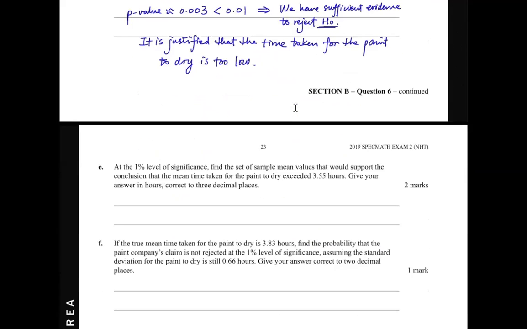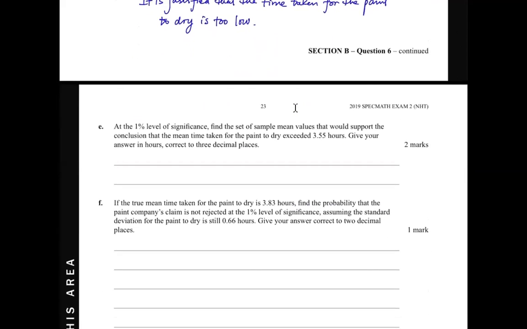At the 1% level of significance, find a set of sample mean values that would support the conclusion that the mean time taken for the paint to dry exceeded 3.55 hours. Give your answer in hours, correct to 3 decimal places. So, draw a diagram. X bar is here.